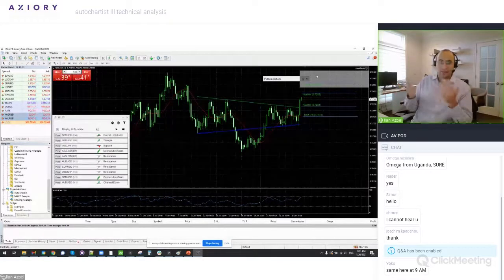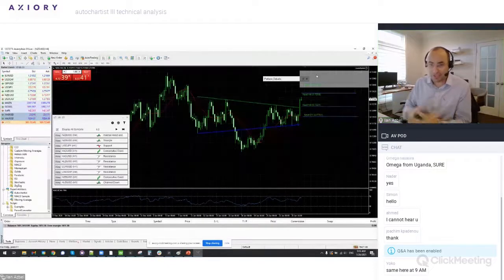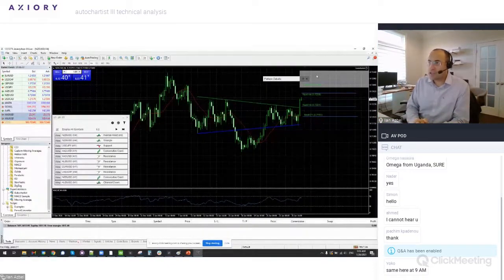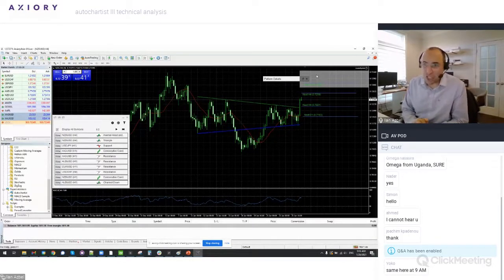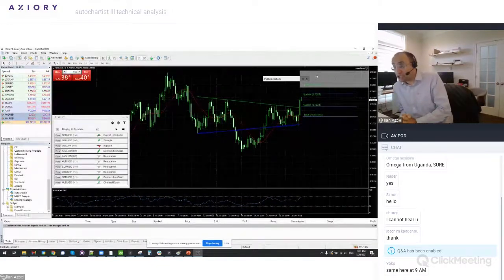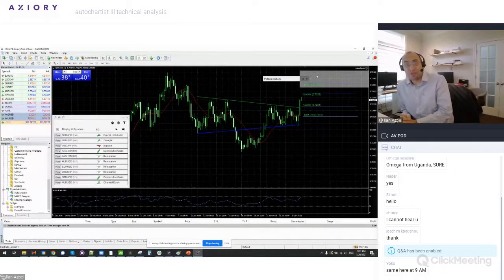So how do I combine the two together? And the truth is that if you're a trend trader trading breakouts, you should not be looking at an RSI, because an RSI is a mean reversion indicator. It's telling you the price has moved too much. It's time that it's going to start pulling back.